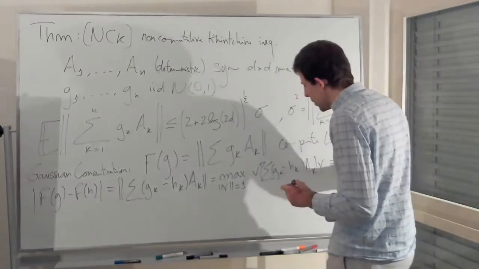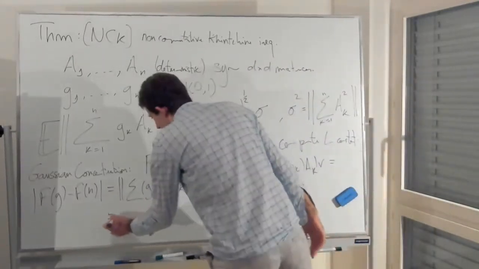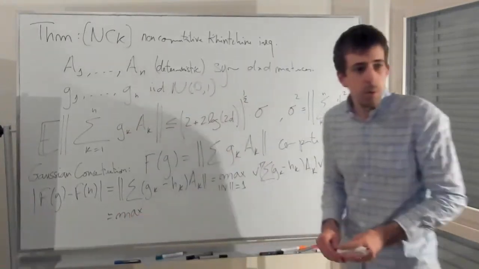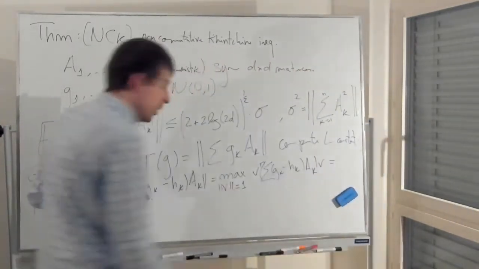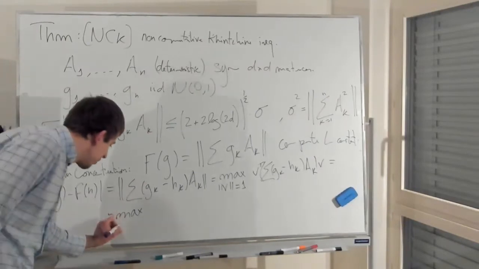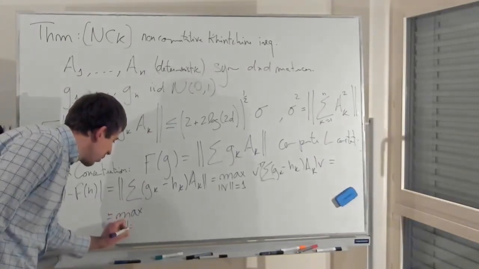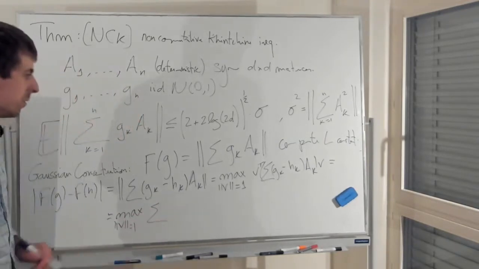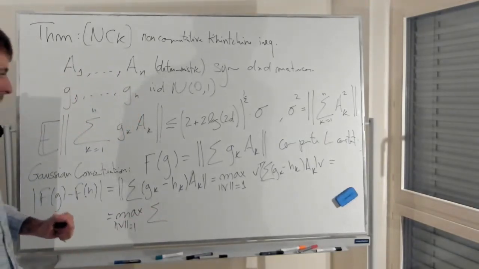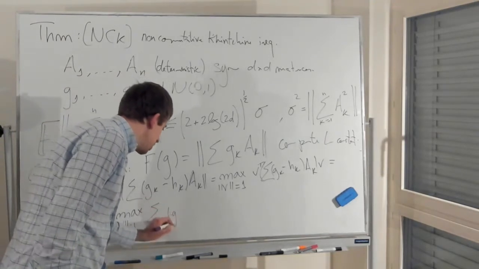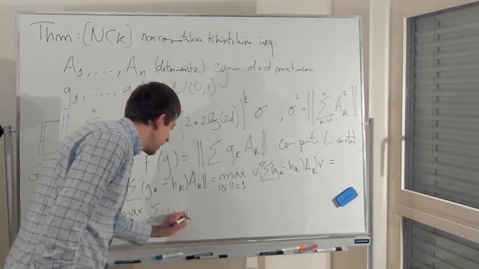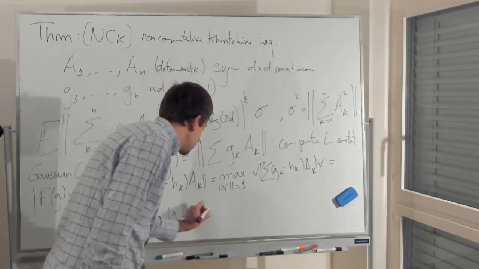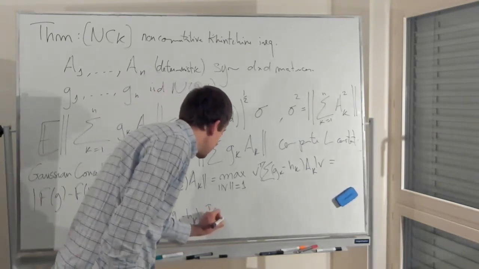So I have this being equal to, okay, let me go all the way over here. This is equal to the max over v having norm 1 of the sum of (g_k minus h_k) times v transpose a_k v.